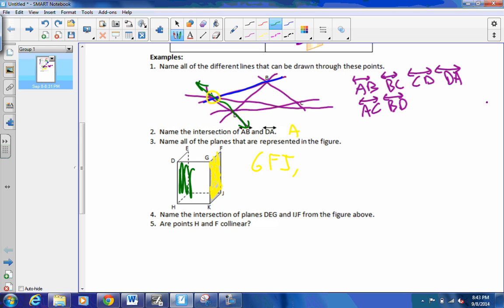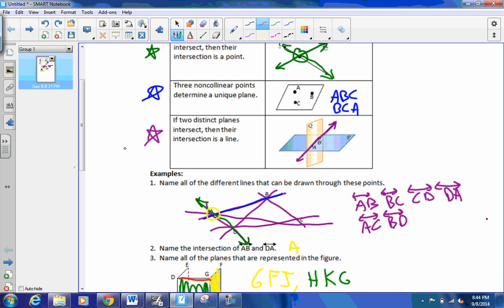This front one, we'll call it HKG. Now there are other different ways of saying it, but you're going to find that there are a total of 6 planes here that make up this box or this rectangular prism. And that's just how rectangular prisms are. There's a whole bunch of planes, and if you notice, based on that postulate, if 2 of these intersect, they make one distinct line. And that would be our postulate number 4 here.